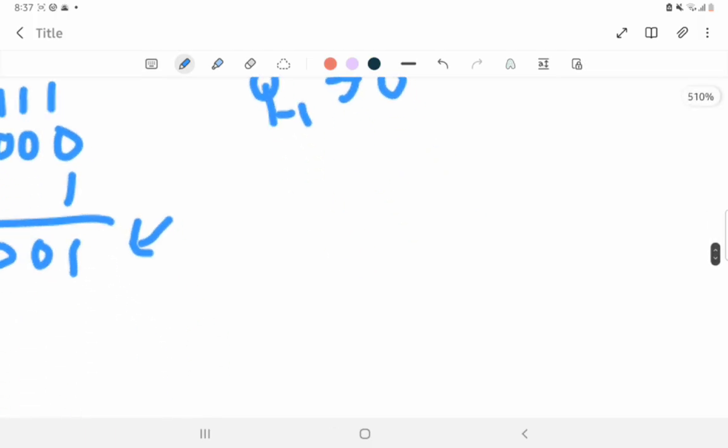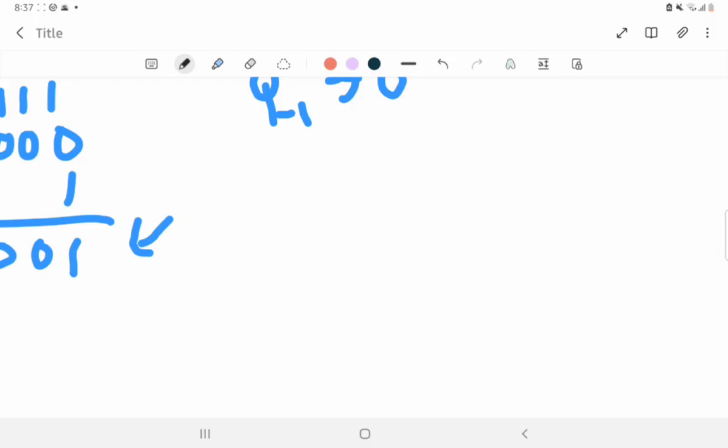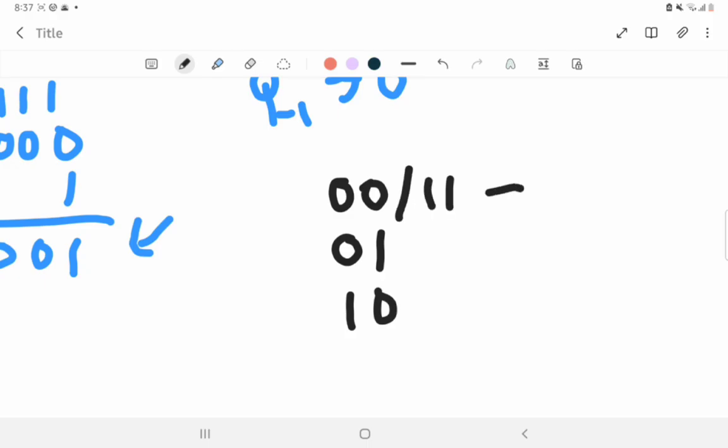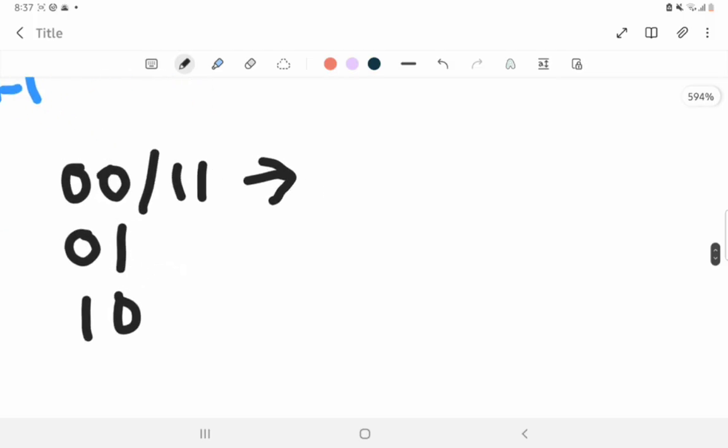And then we have to remember the 3 codes: 0, 0, and 1, 0. This is 0, 0, or 1, 1. If the code is 0, 0, or 1, 1, it means shift right, just shift.